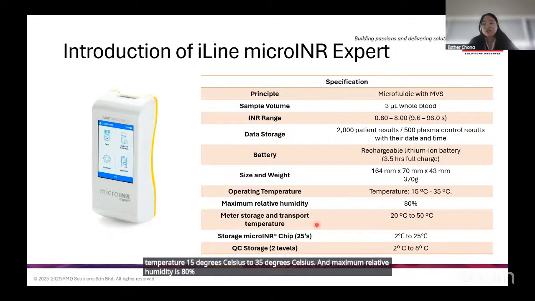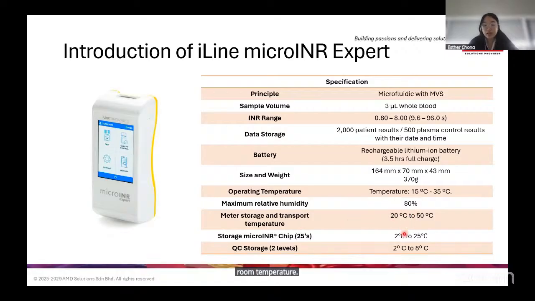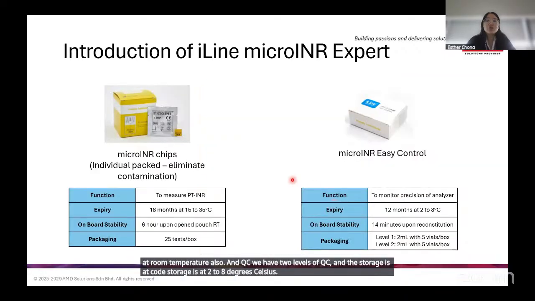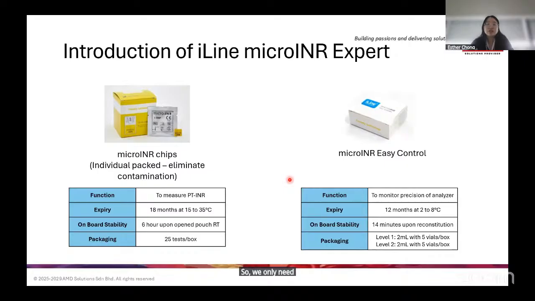The meter storage is at normal room temperature, and storage of the chip is also at room temperature. For QC, we have two levels, and the storage is cold storage at 2 to 8 degrees Celsius.